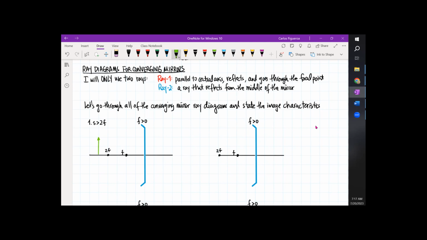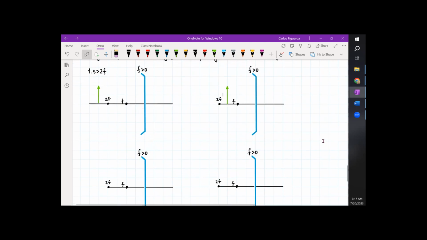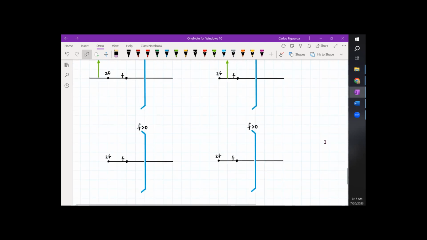In each of these situations, you're going to see that I keep moving my object toward the mirror. So you'll see I'm going to be outside of 2F, then between 2F and F. And just to restate what happens when you're at the focal point, I'm going to look at that situation.